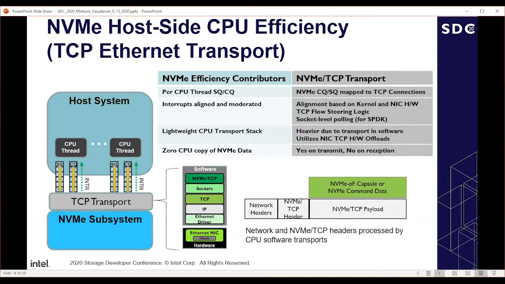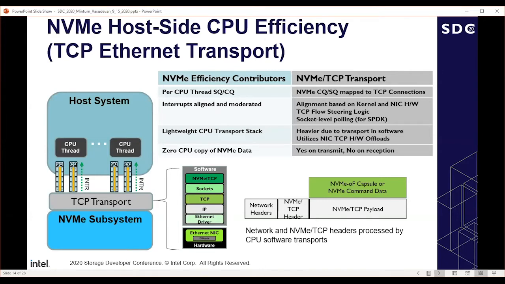For SPDK, it uses socket-level polling because the socket is the interface that it's using to get to the kernel TCP that I showed earlier. So instead of interrupts and such, it'll be polling that socket to see whether any data has arrived. In this case, the transport stack, because it's in software, is heavier than what I showed with RDMA or PCIe.